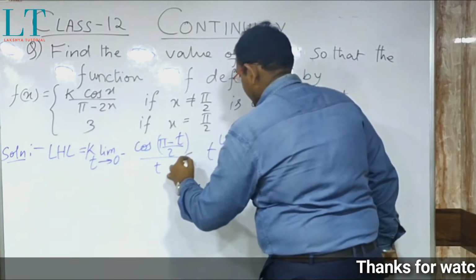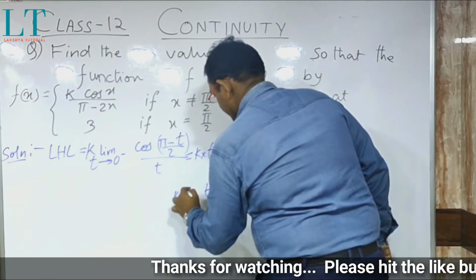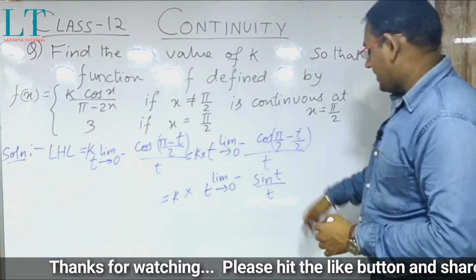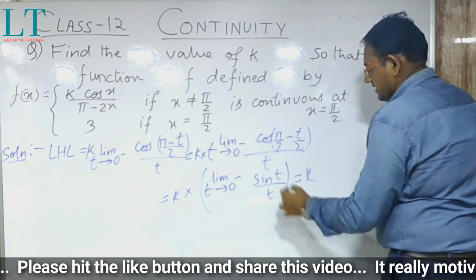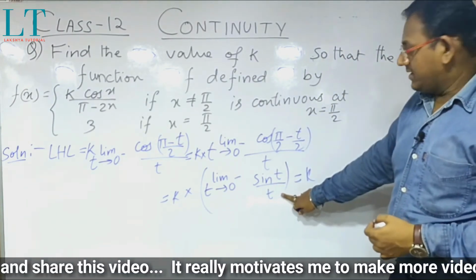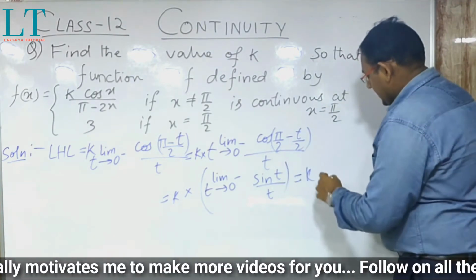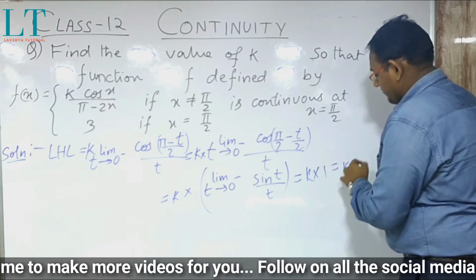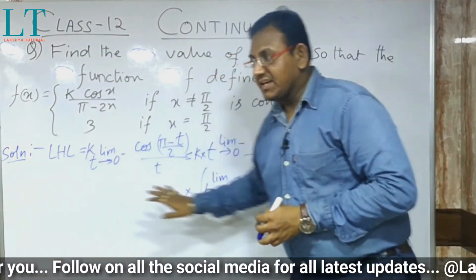So let me write k over here, k into this portion sin t by t. This is a formula that sin t by t when t tends to 0 will give you 1. So k into 1 will give me k. So we got the left hand limit as k.